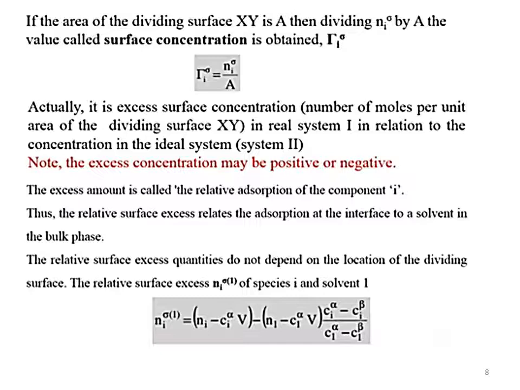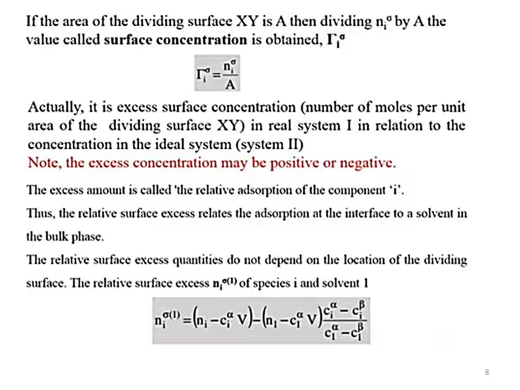The relative surface excess Ni sigma of the species I and solvent 1 will be equal to Ni sigma 1, which is equal to Ni minus Ci alpha into V, minus N1 minus C1 alpha V, into Ci alpha minus Ci beta over C1 alpha minus C1 beta.